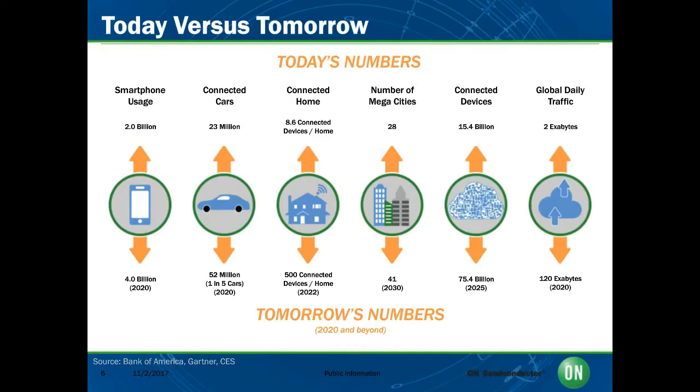So overall, over the next 7 to 8 years, the number of connected devices is expected to increase by almost 5 times. And all of these connected devices push an enormous amount of data to the cloud. The global daily traffic is expected to go from roughly 2 exabytes today, increasing 60 times to 120 exabytes in 2020.